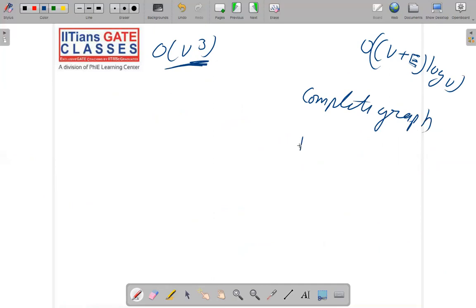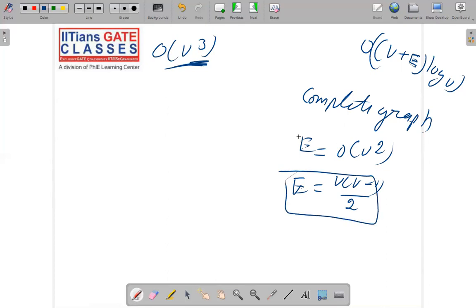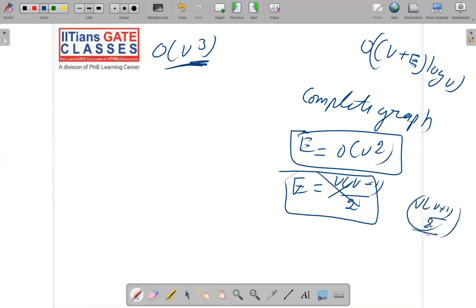If we have a complete graph, we know that in a complete graph, E is equal to order of V square. E is actually something like V minus 1 or V plus 1 by 2, I'm not sure about this one, but ultimately it's order of V square.